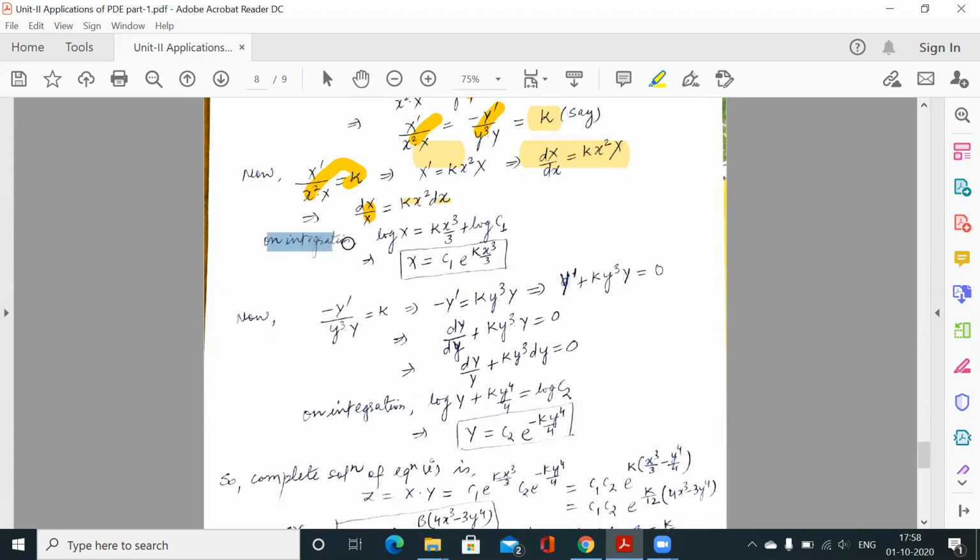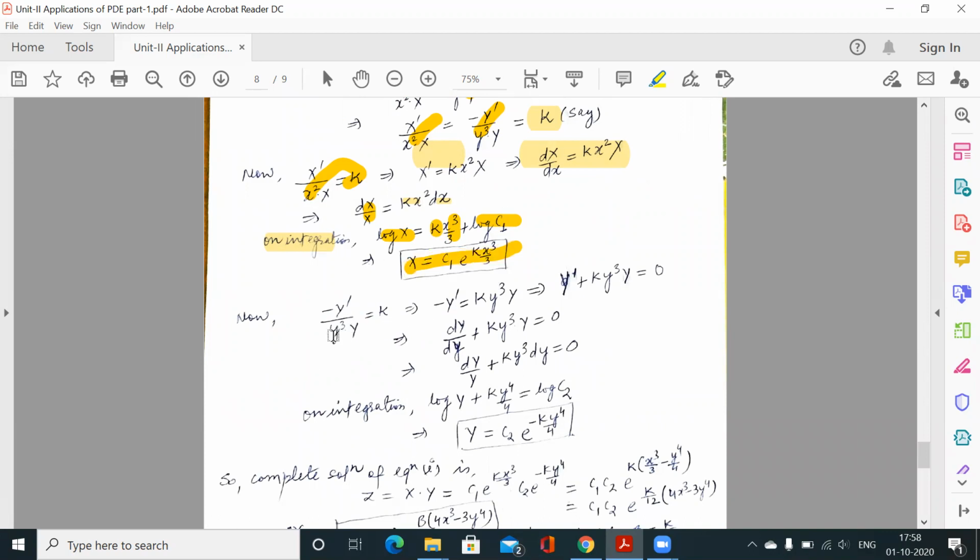After integration, we will get log X is equal to k, a constant, and the integration of x square is x cube by 3, plus one integrating constant. So after simplifying, we will get the X value as this.